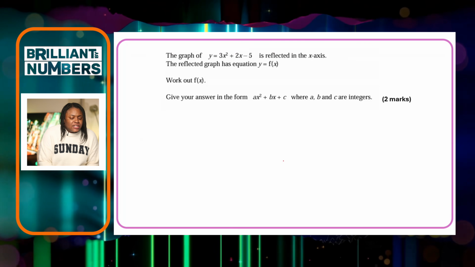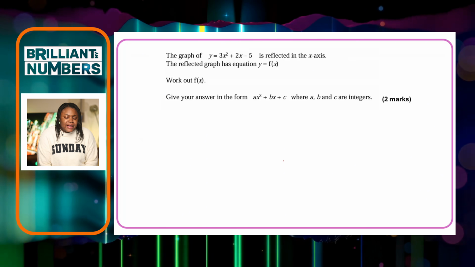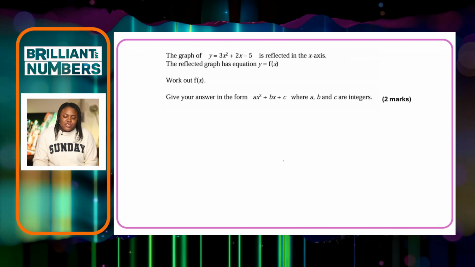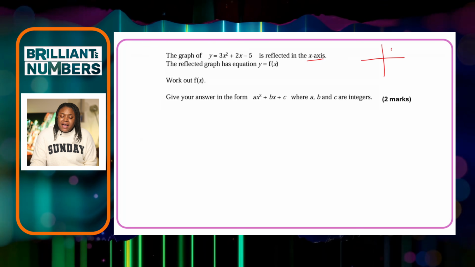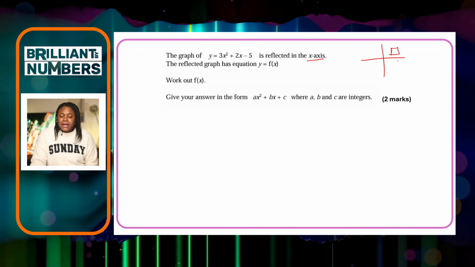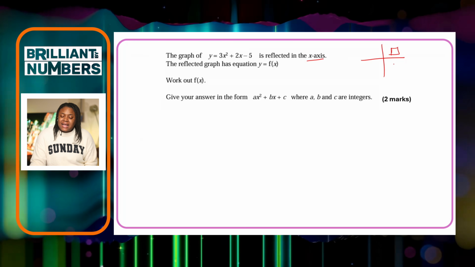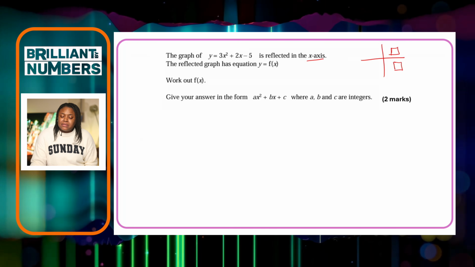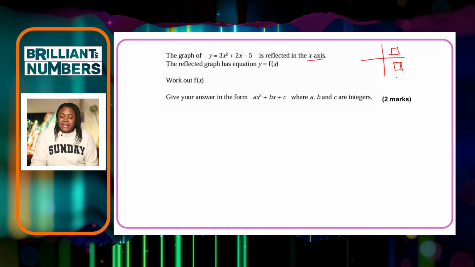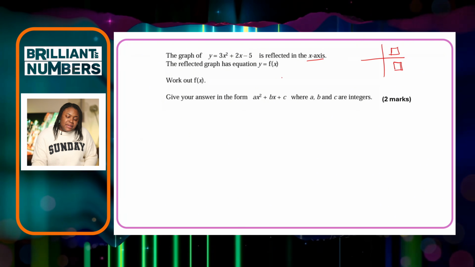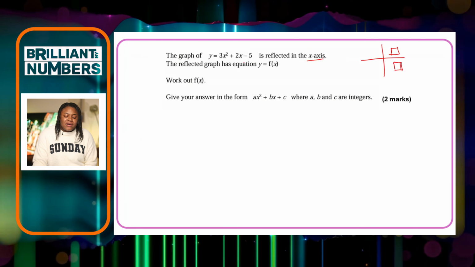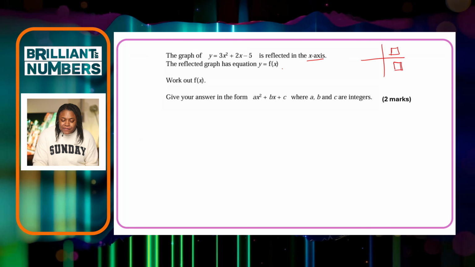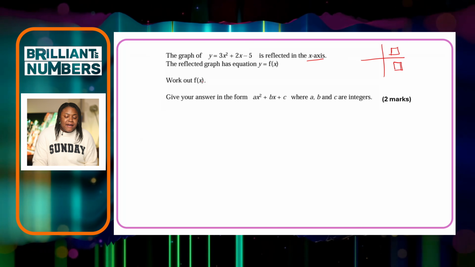Okay, so now for this question, the graph of y equals 3x squared plus 2x minus 5 is reflected in the x-axis. If I have a point here and I'm reflecting in the x-axis, I expect my y coordinates to be negative in the reflection. We are told that the reflected graph has equation y equals f of x, so work out f of x.